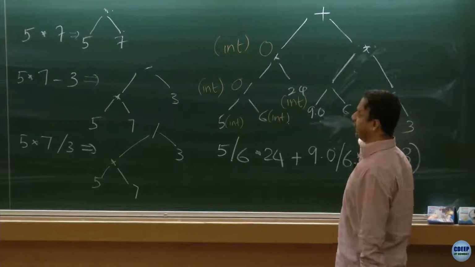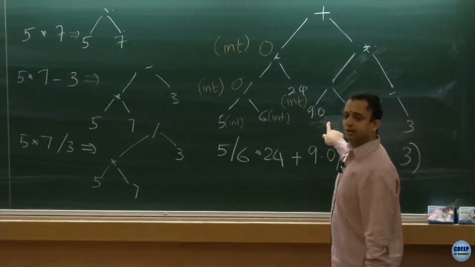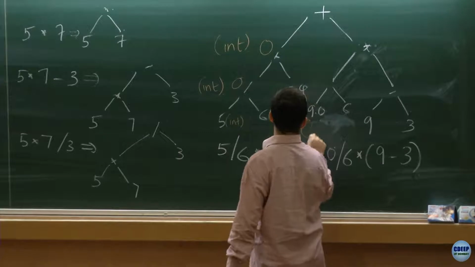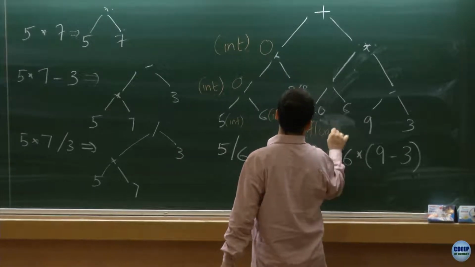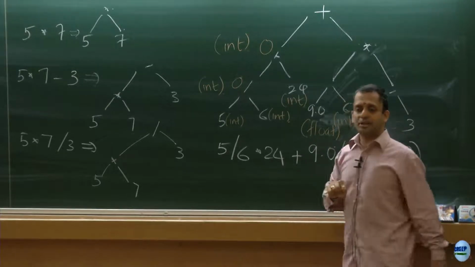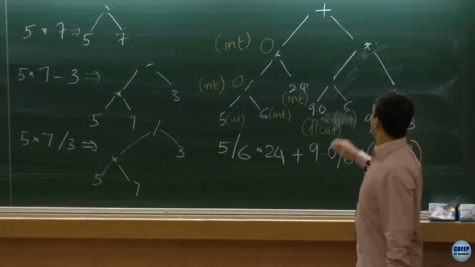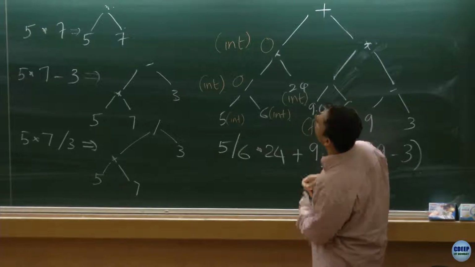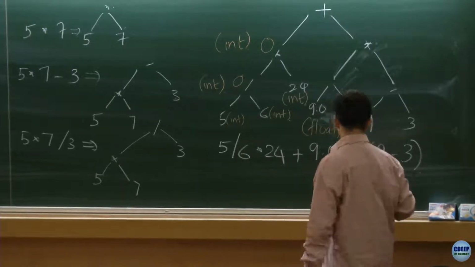Let's look at this part, the right side. 9.0, right? That is a float. 6 is an int. So what will be the result? A float. What was the operation? Divided by.